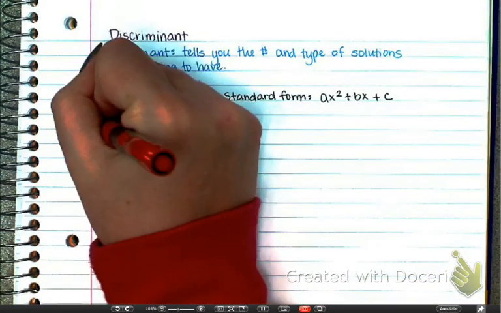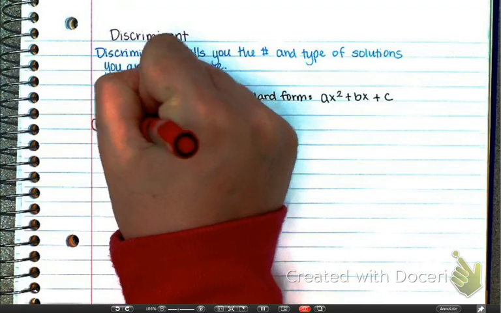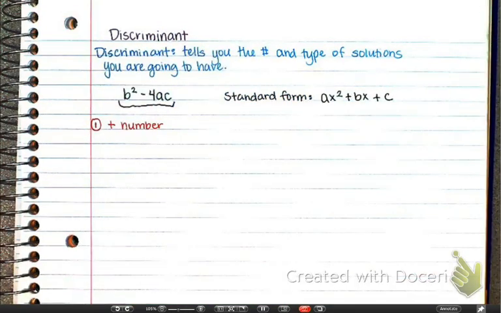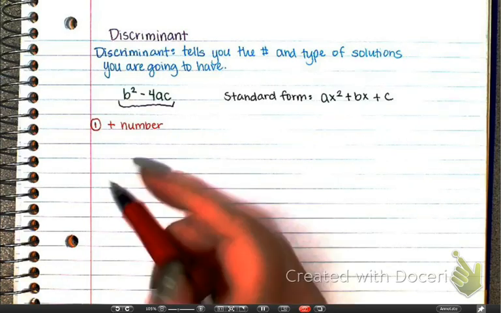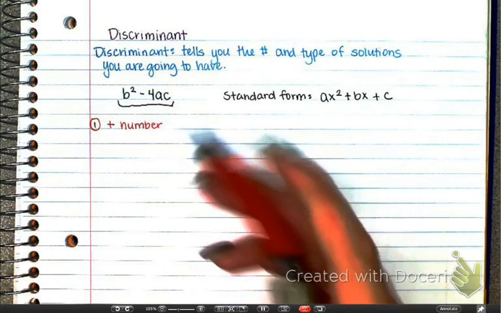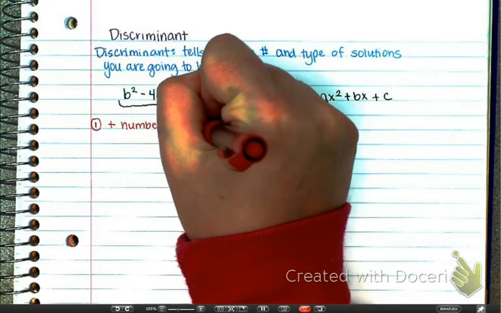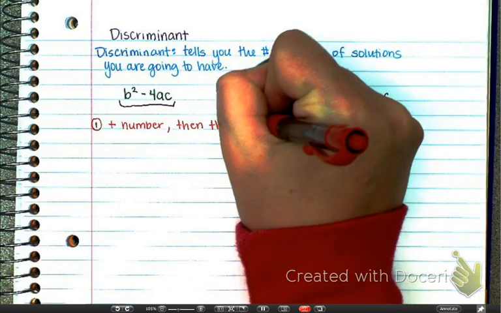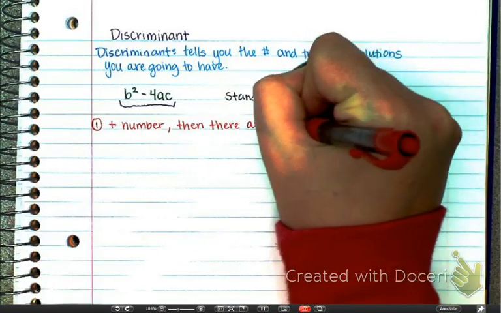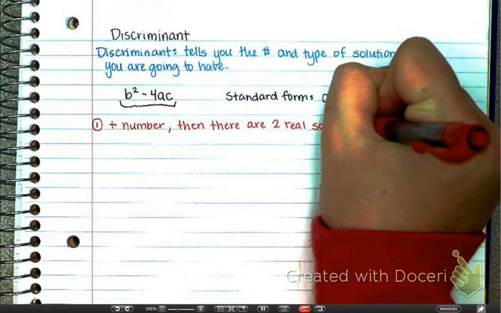If we get a positive number, okay, so any positive number, when we plug it into b squared minus 4ac, then there are 2 real solutions.